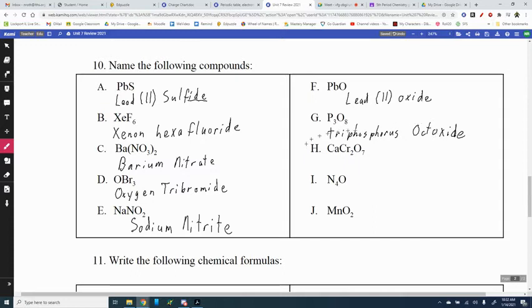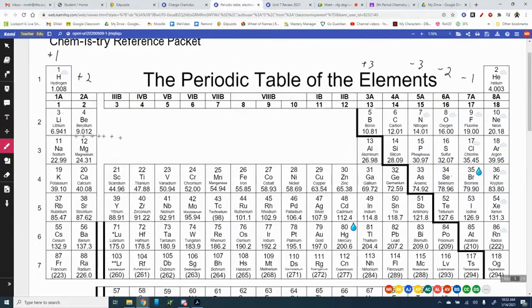Okay. All right. Next one, CaCr2O7. This again has 3 capital letters, which means we have a polyatomic ion. In this case, the polyatomic ion is Cr2O7. Okay. So the other part is calcium, or I'm sorry, Ca. And so that is calcium. That is a metal, which means this is an ionic compound.